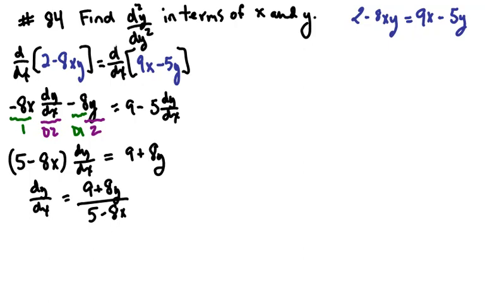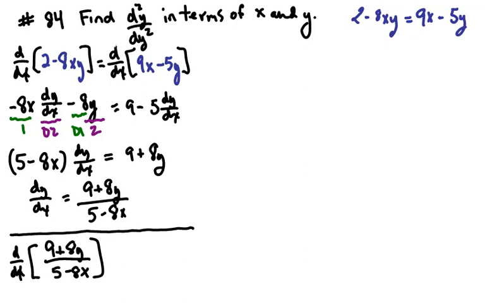And now our job is to find the derivative of that derivative. So what we're looking for is the derivative with respect to x of 9 plus 8y over 5 minus 8x. And this is going to give us d squared y over, sorry, I made a mistake above.